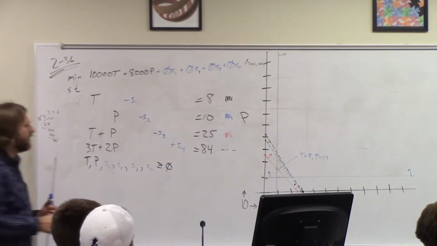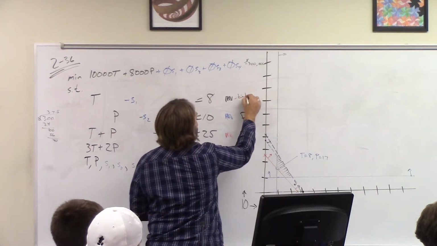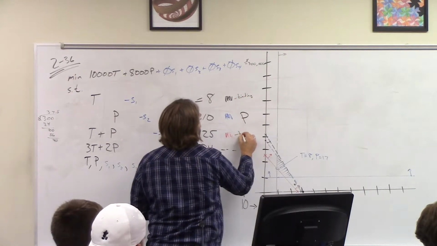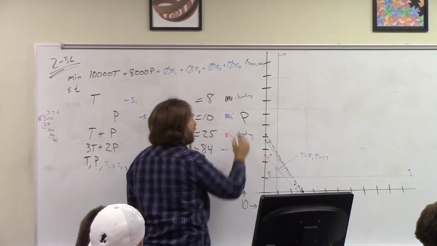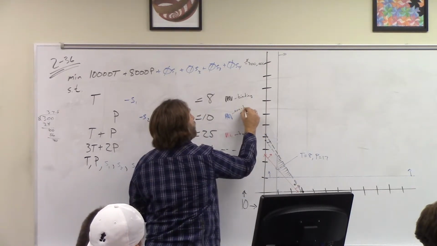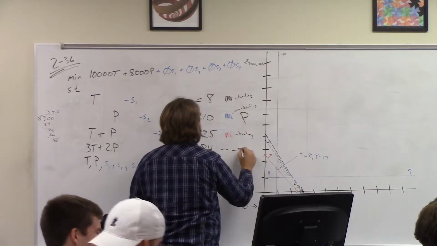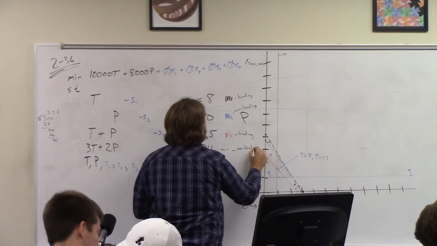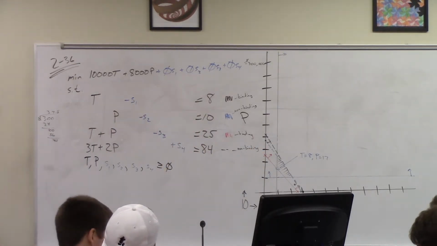All right? So those two right here are binding, and we will creatively call these two non-binding. All right? I know it's tough to remember the difference. And this will become important in a little bit.